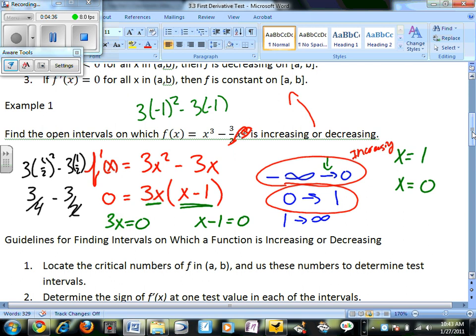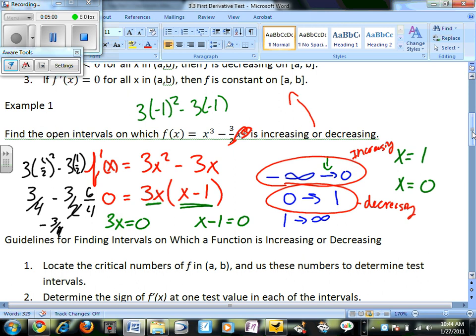If I get a common denominator of 4, I get negative 3/4. So my slope is negative. I'm really not too concerned what my actual slope is. Negative 3/4 doesn't concern me all that much. The biggest point is whether it's positive or negative. My slope is negative, so therefore we are decreasing in this interval.